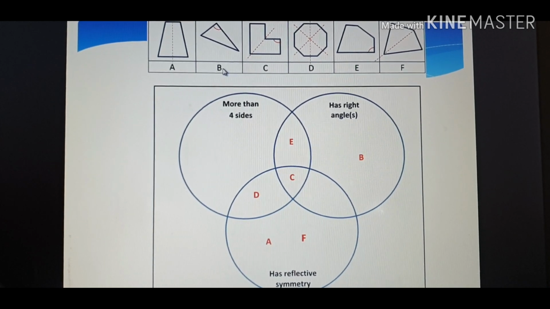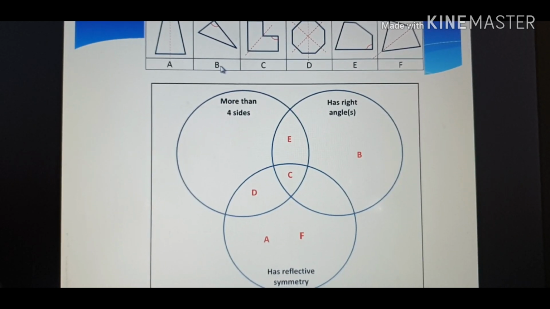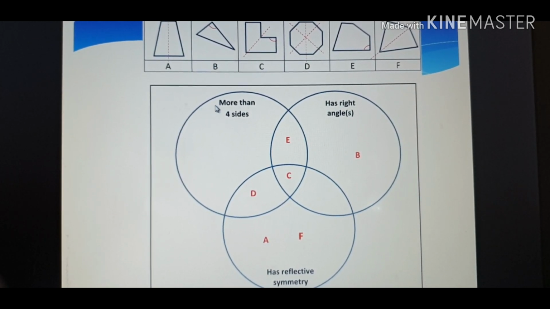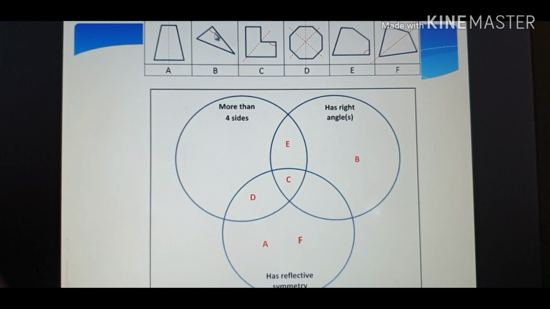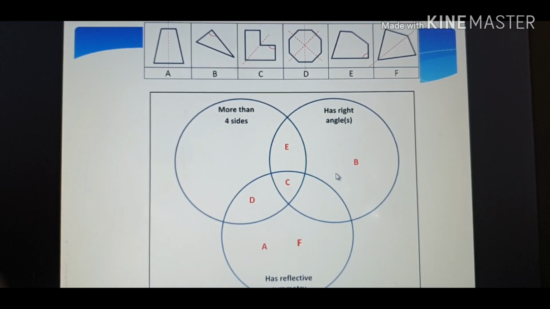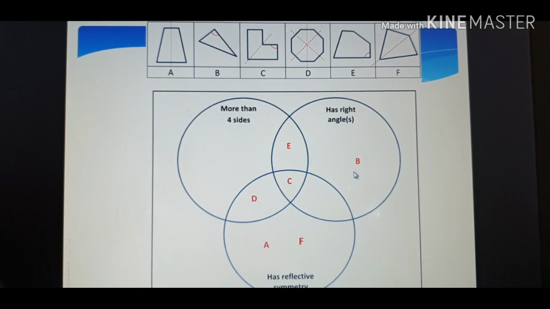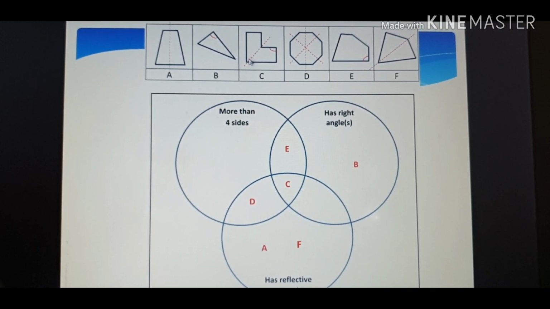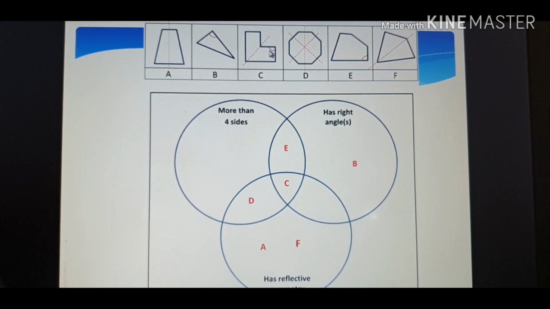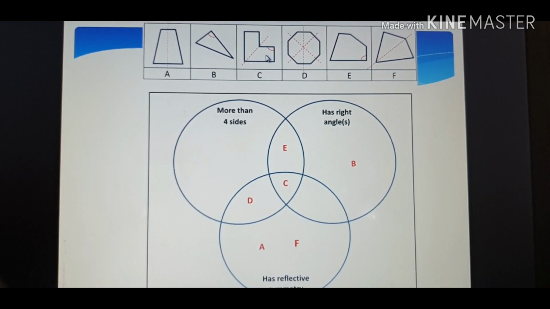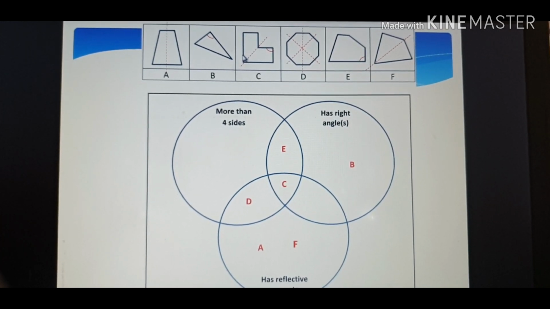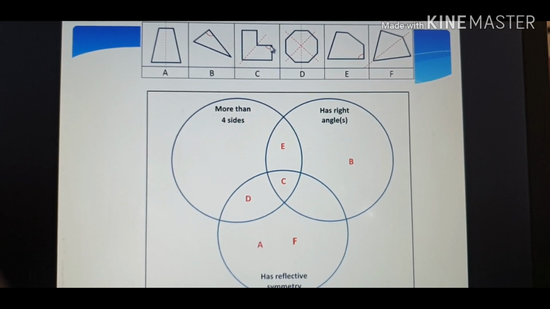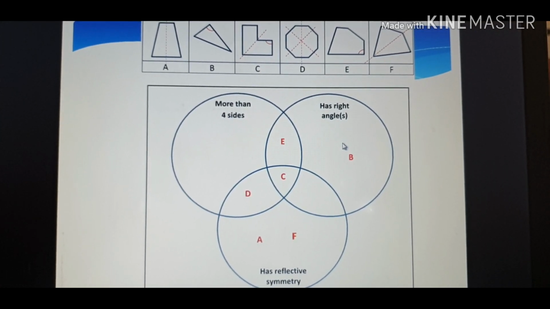Shape B, more than 4 sides? No. Has a right angle? Yes. Has reflective symmetry? No. So this shape is related to the second one, so I will put B here. Shape C, more than 4 sides? Yes. Has a right angle? Yes, it has this right angle and this right angle, and all the angles inside are right angles.